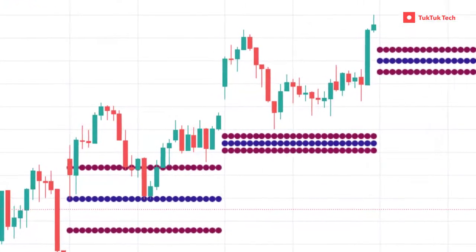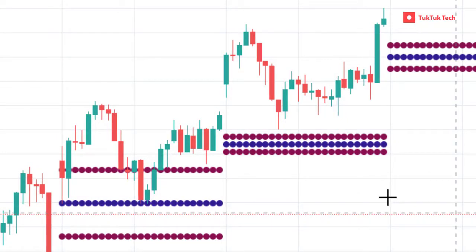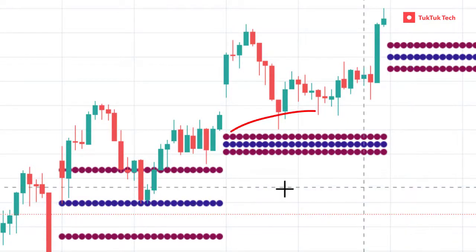This relationship occurs when the current day's pivot range is completely higher than the prior day's pivot range.